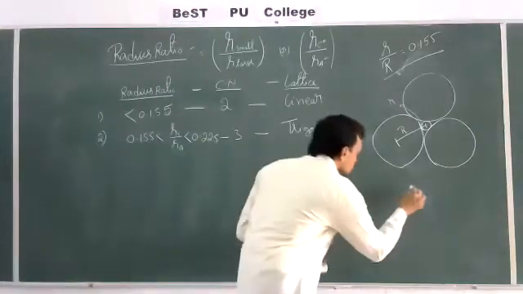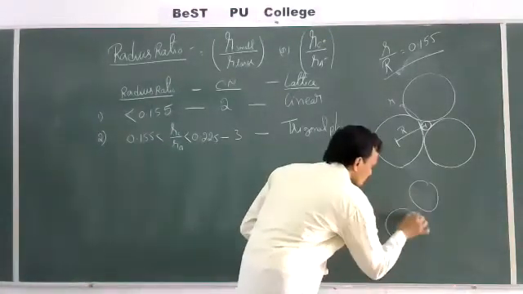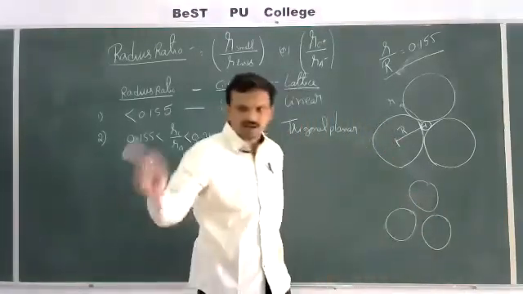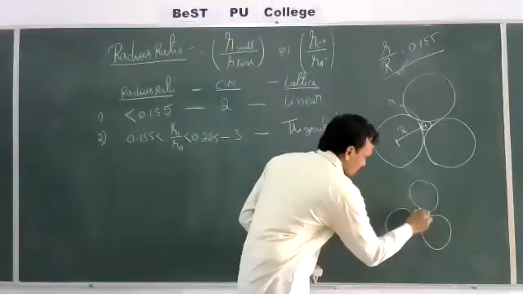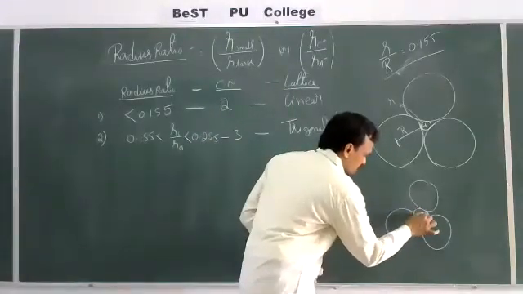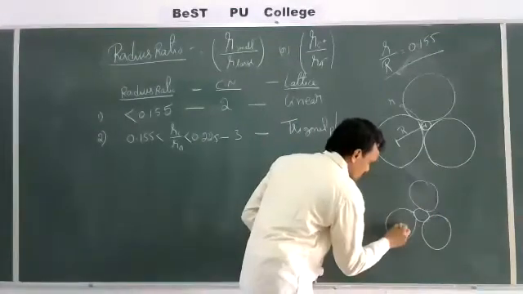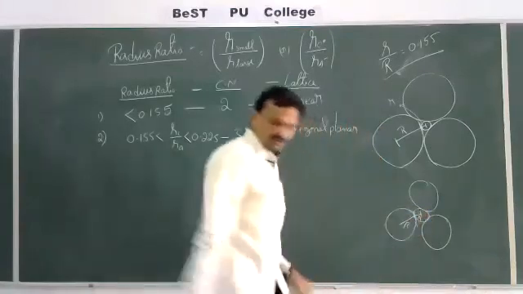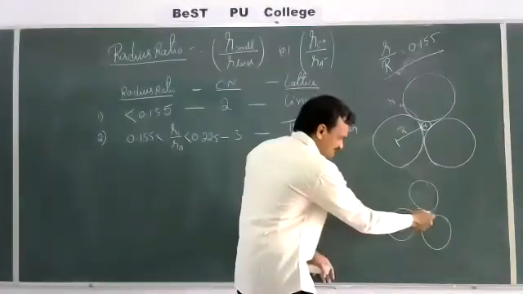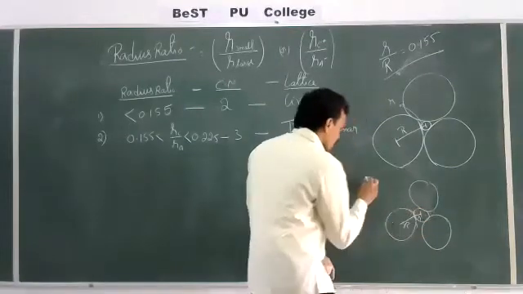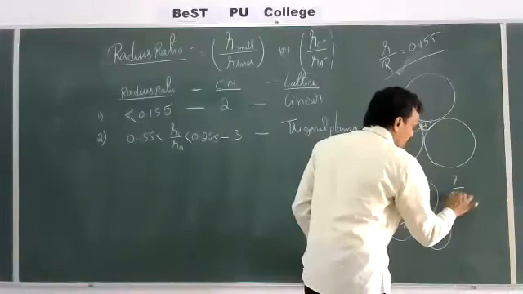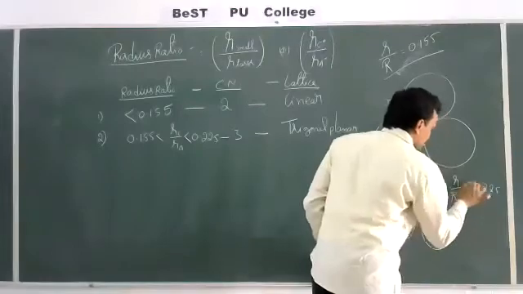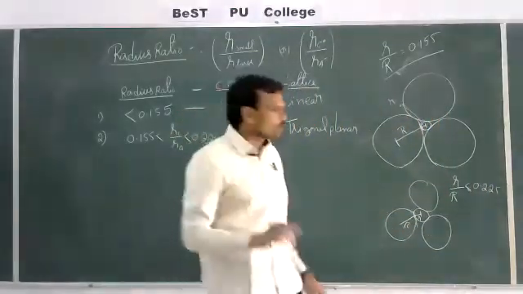Now let us see. These 3 particles are arranged in the shape of a triangle, but not in contact with each other. This is capital R, and from here to here this is small r. Now the maximum ratio of small r by capital R is 0.225, meaning up to 0.224 we can consider this.